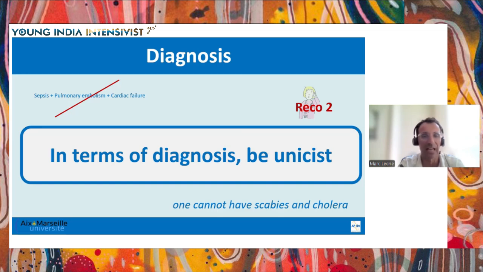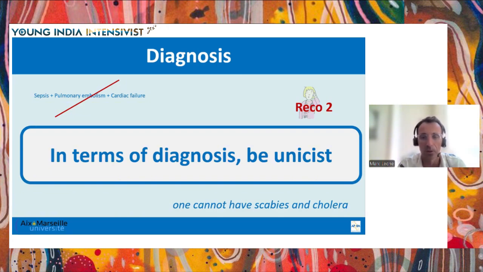So you should have one diagnosis. If you have sepsis, it's sepsis. If you have bleeding, it's bleeding. It's true that sometimes in 5% or 10% of cases, you can have a septic patient bleeding or a septic patient with pulmonary embolism. But it's very important to keep one diagnosis at the onset of hospitalization, at ICU admission. One diagnosis. Be unicist. Try to keep one diagnosis.